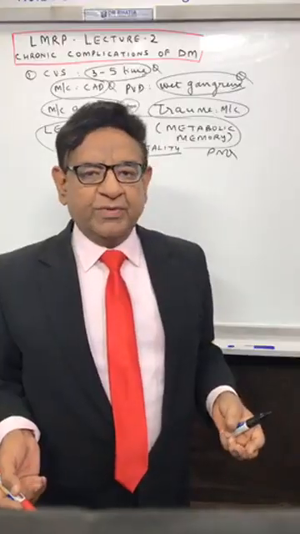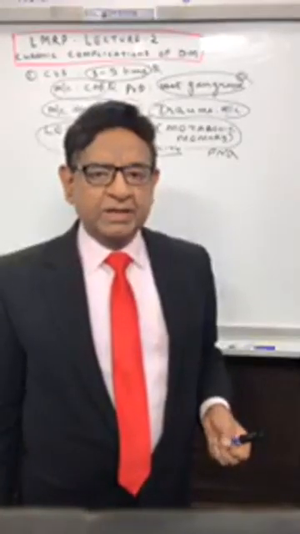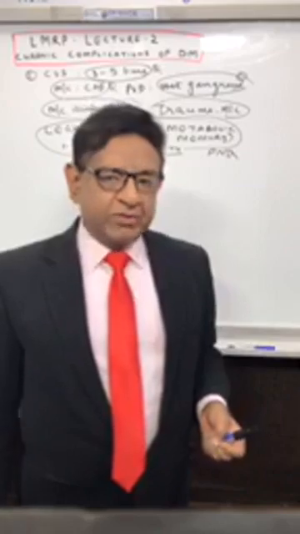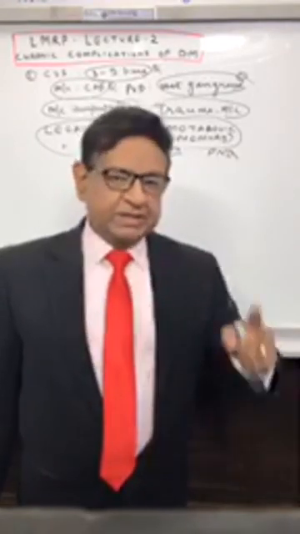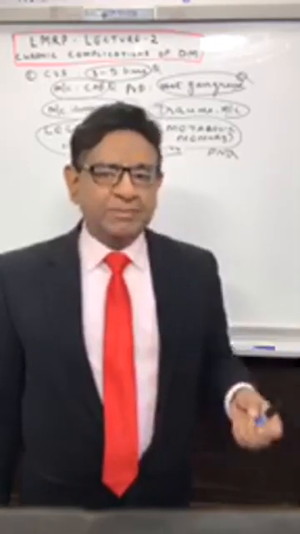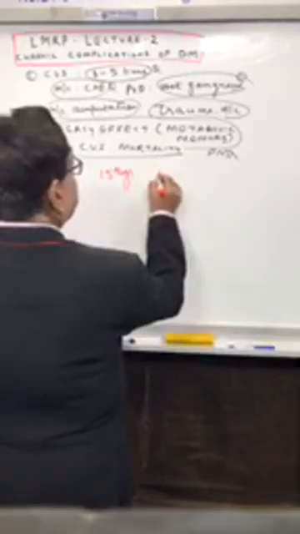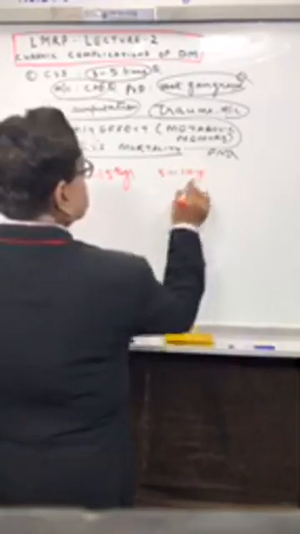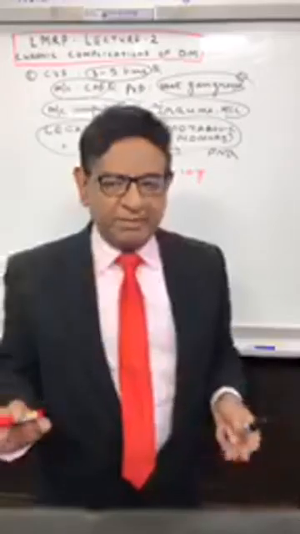He says, okay, fine, from tomorrow onward I'll control my sugar. Will his cardiovascular risk fall immediately? No. The cardiovascular risk will not fall immediately. It will fall only after 5 to 10 years. Then only his risk of CAD will go down.